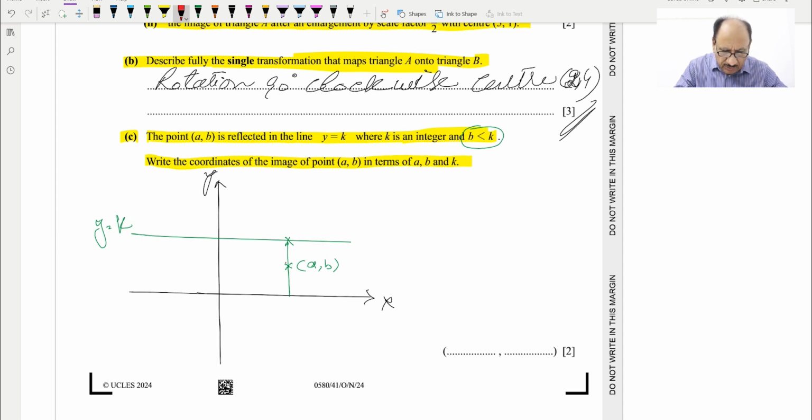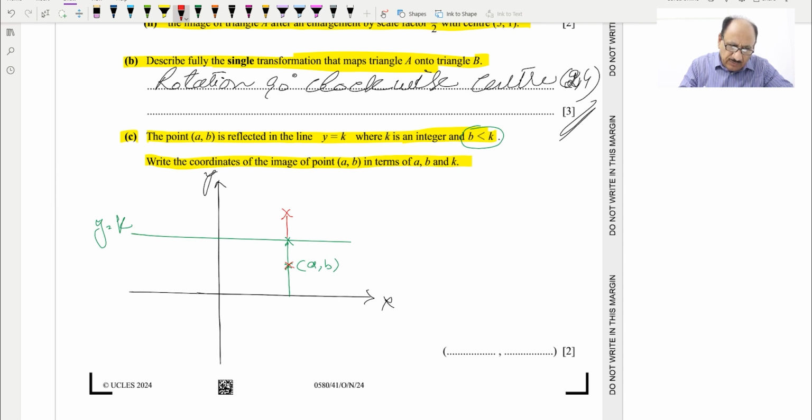So this point will be reflected over here. It will be k minus b, and here will be k.